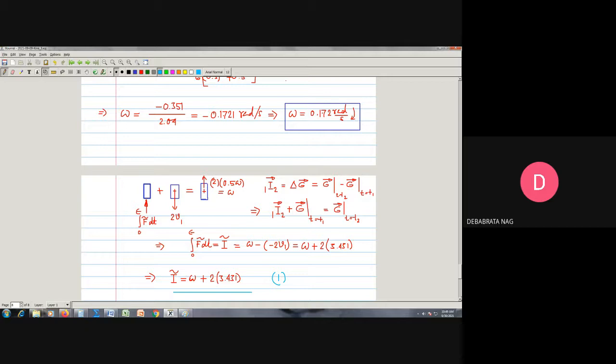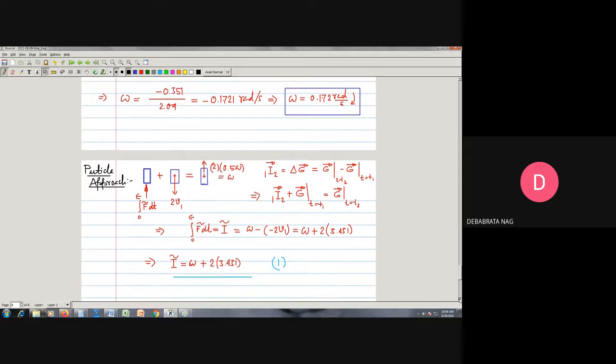Now I take, because we are doing the particle approach. Please remember, here we are doing the particle approach. Earlier we had taken the system approach. Now we are solving the same problem, because these are the two methods by which you can solve such problems. Either you can go for particle or you can go for the system as a whole.